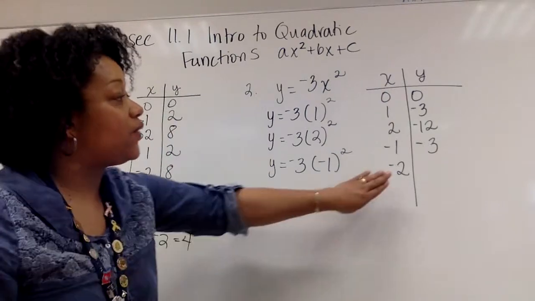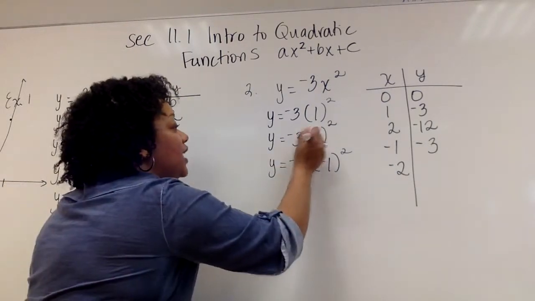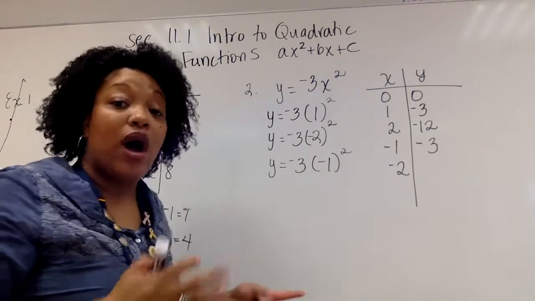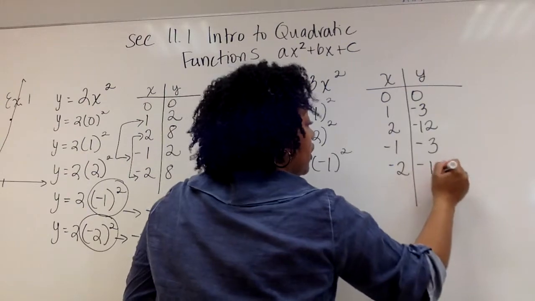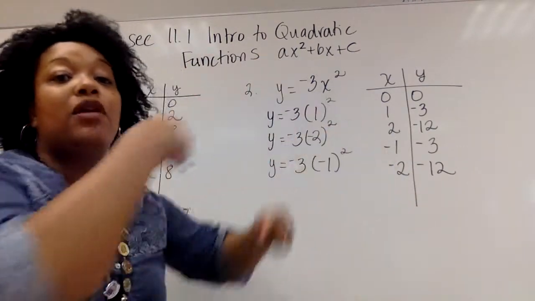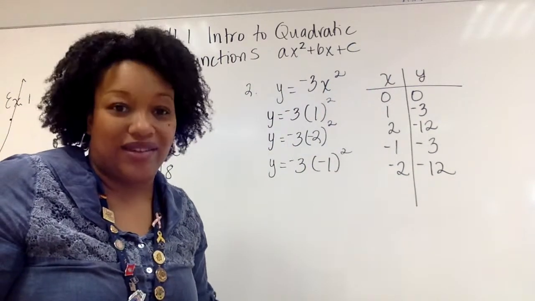And then the same thing for the negative 2. If I go back here and I make this a negative 2, you're still going to get positive 4 when you square it. So your y will still be negative 12. So if you think about it, if you use the plus number, minus number every single time, you only have to do the work once.